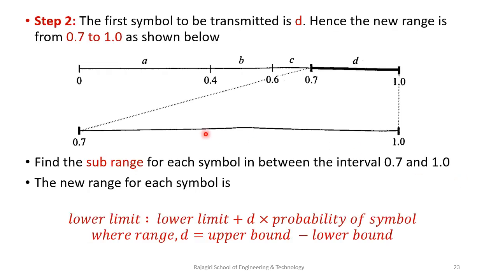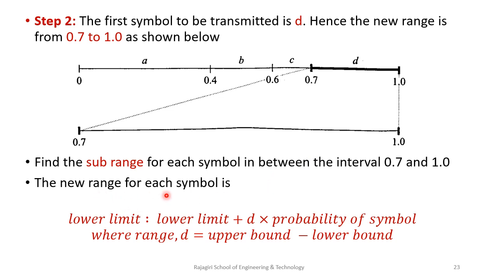In the second step, we will consider the first symbol to be transmitted, which is D. The subrange corresponding to D is 0.7 to 1. So the new interval that we should consider is 0.7 to 1. This new interval 0.7 to 1 has to be further subdivided into 4 based on the symbol probabilities.